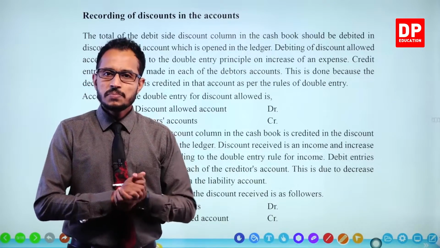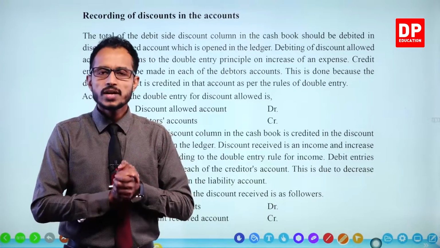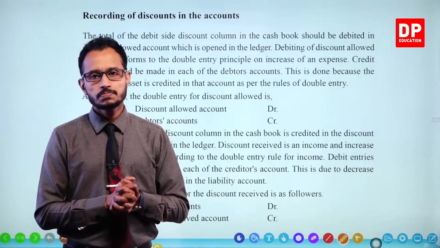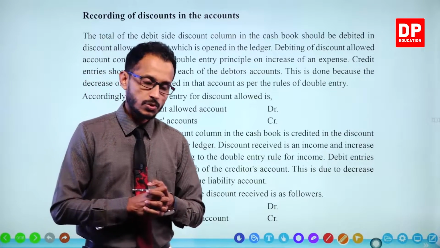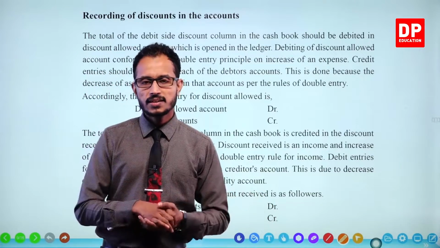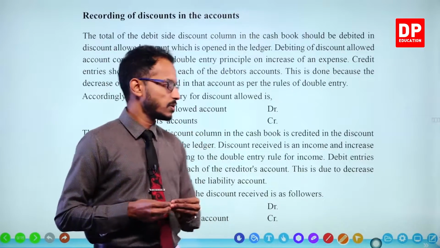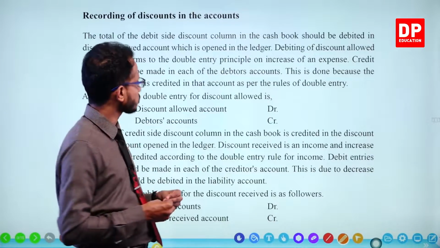Now, in this session, we are going to learn how to record cash discounts in the books of accounts, together with the cash book, in the other relevant accounts. All right then.